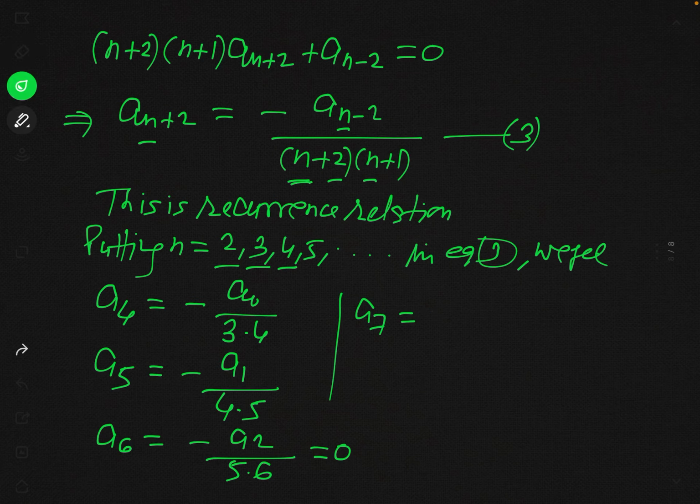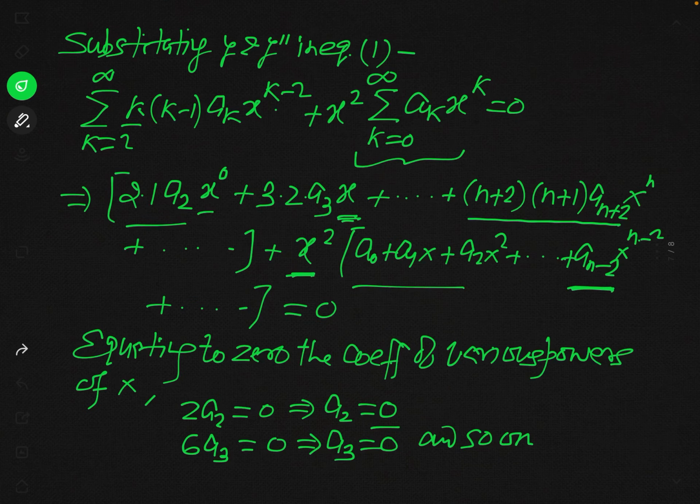A7, I am finding its value. You can see when you find A7, we are taking n equal to 5. So here will be minus A(5 minus 2), that will be A3, divided by 5 plus 2, 7, and 5 plus 1, 6. So this is 6 into 7.